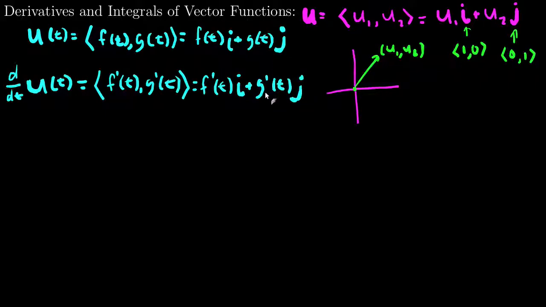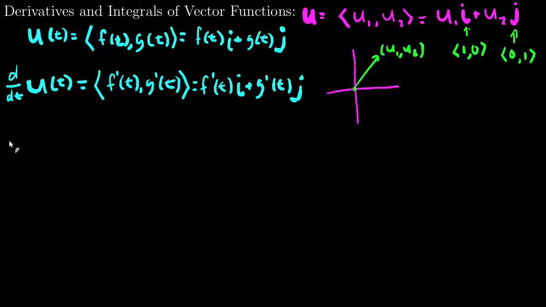And a quick rationale for that. Since this is the sum of two orthogonal vectors, I can follow the sum rule for derivatives. And I can take the derivative of this plus the derivative of that. i is a constant, j is a constant, so I just take the derivative of the varying functions, and we get this.